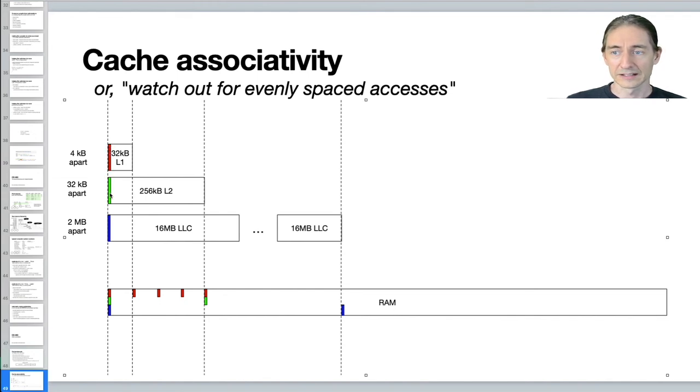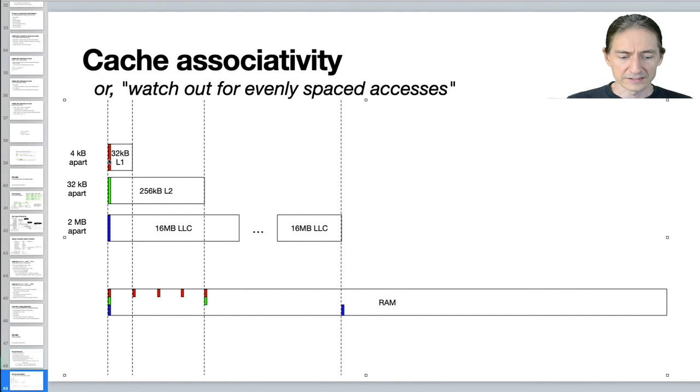All accesses in L2 will fall on the first cache line. And all accesses in the LLC will fall on the first cache line. So here we are only able to store in the entire cache hierarchy 8 plus 8 plus 8, 24 cache lines total out of many megabytes of cache capacity.